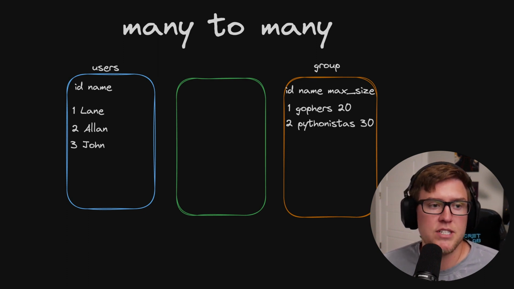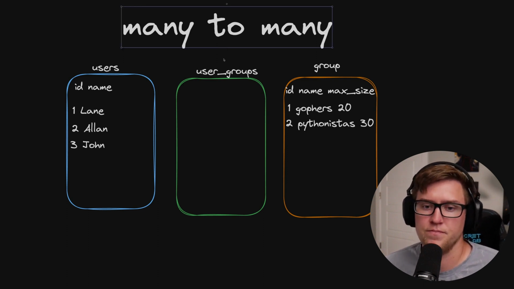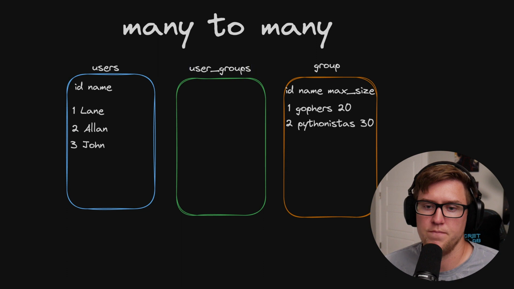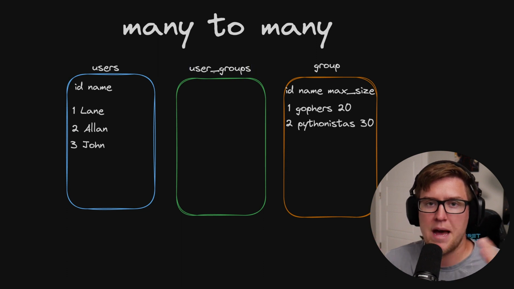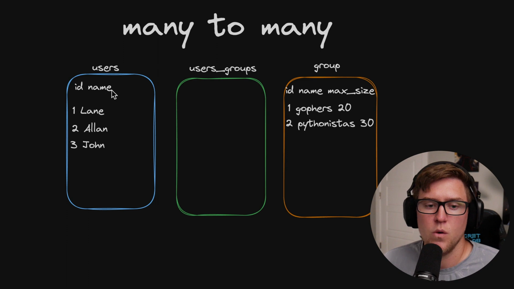And oftentimes you'll see the table just called, for example, user groups, right? Very obviously just mapping the relationship between users and groups. Okay, what would actually be in this table? Well, typically there's just two things in this table.